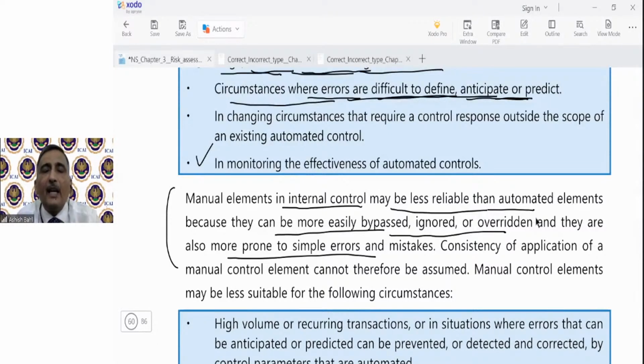Wrong decisions can be taken. These are always prone to errors. So consistency of application of manual controls cannot therefore be assumed.